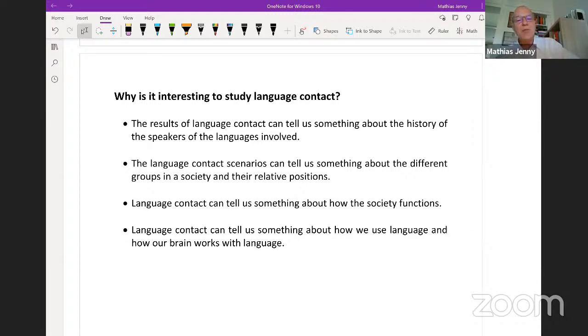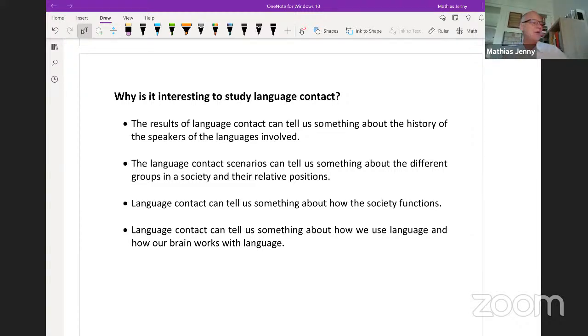Then we also learn something about how the society functions as a whole, like who speaks which language in which context, or which language is used generally in which context. This tells us something about how the society works and lives together. And then also language contact is important because it can tell us something about how we do language, how we understand language, how we produce language.